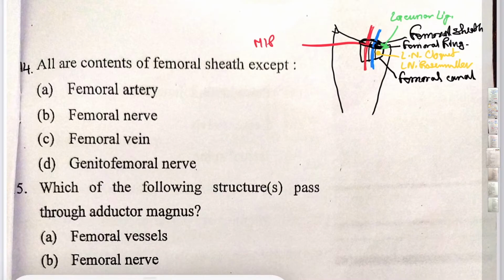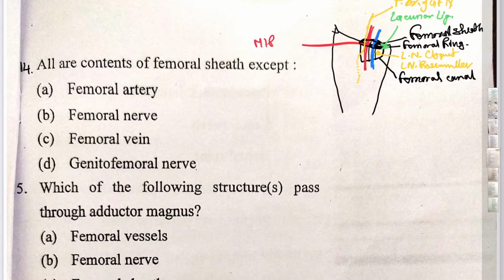Now there's one nerve which passes into this sheath, pierces the lateral compartment and then emerges out to become cutaneous and supply the skin of the roof of the femoral triangle. This nerve which accompanies the femoral artery in the femoral sheath is the femoral branch of the genitofemoral nerve.